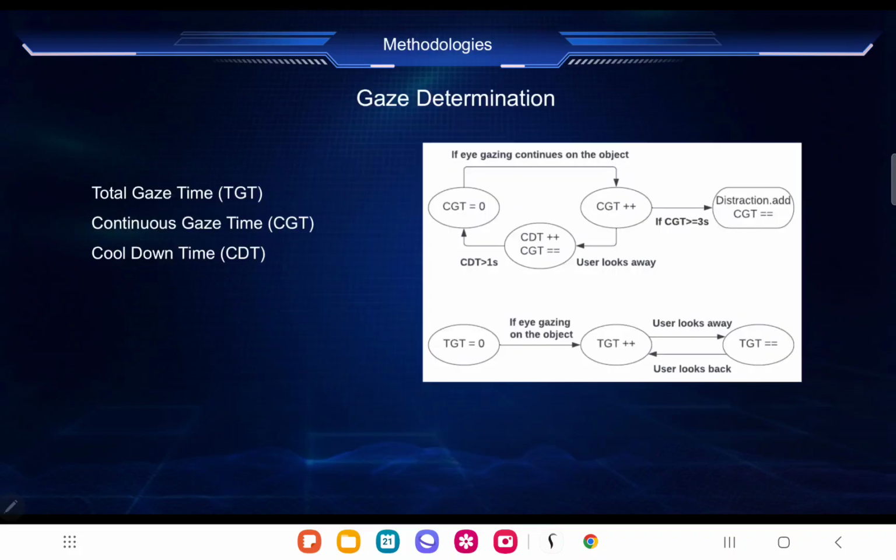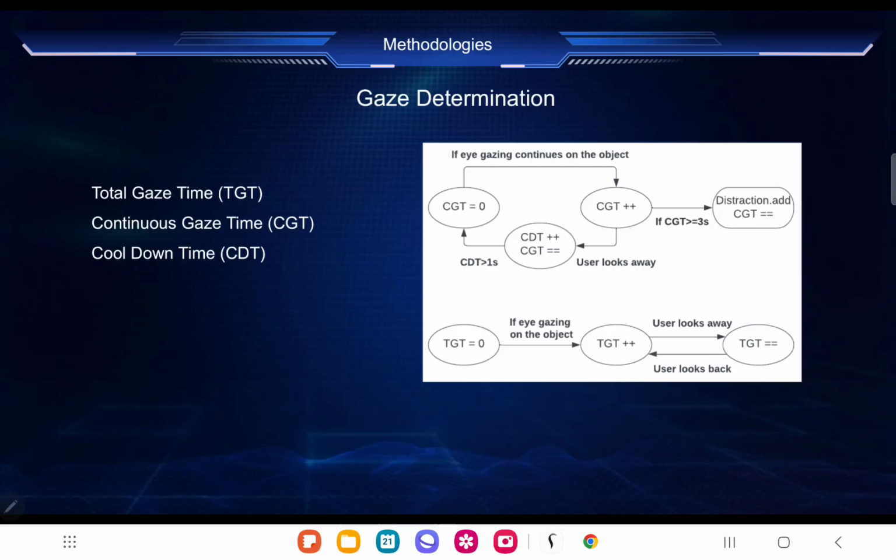Okay. So also, we have this simple algorithm to estimate attention. Here we can only estimate attention through the gaze, and we have measurements of total gaze time, continuous gaze time, and cool down time.